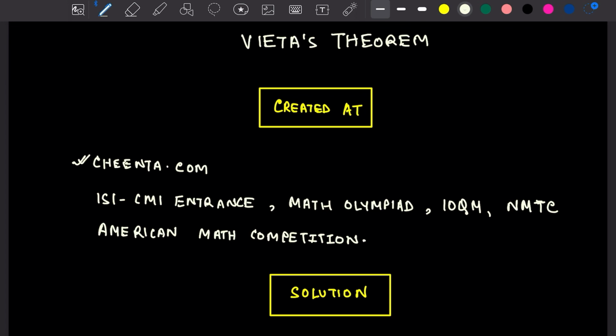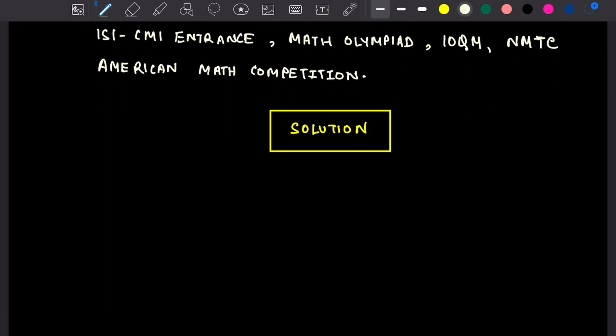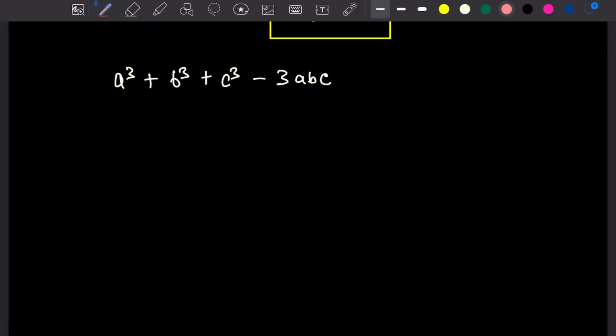So let's go to the solution of the problem. We would like to factorize a cube plus b cube plus c cube minus 3abc. So what we do is we set up a polynomial. This is a strategy that is used in many problems. The polynomial is this.